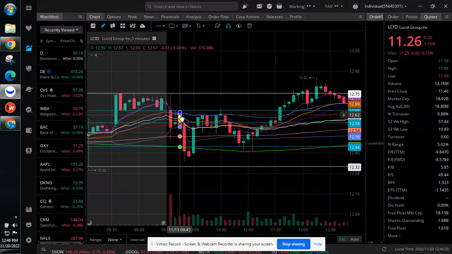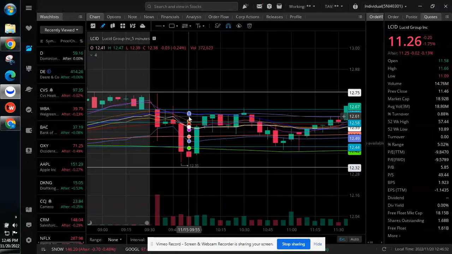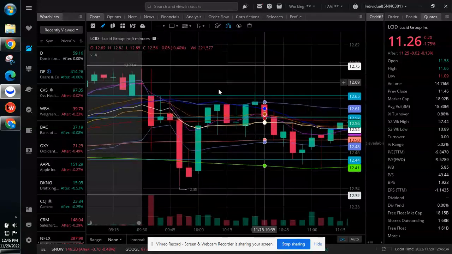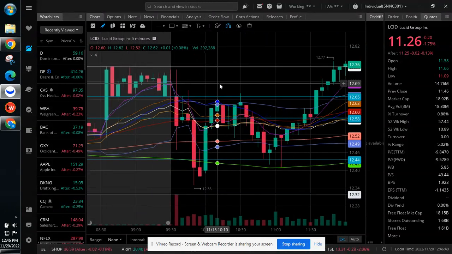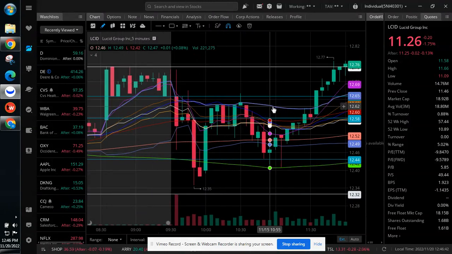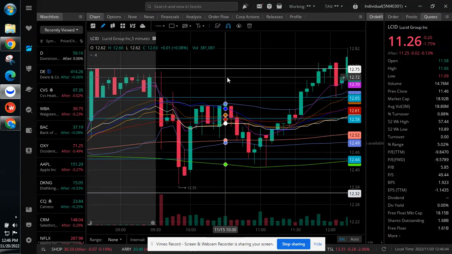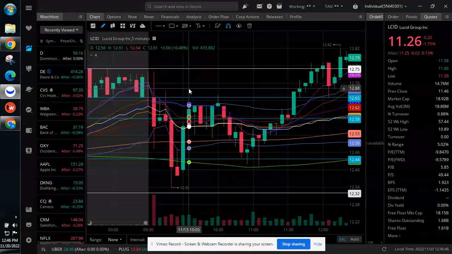So we had a cross right here. If y'all can see that cross right there. So really, that was all I saw on number one.